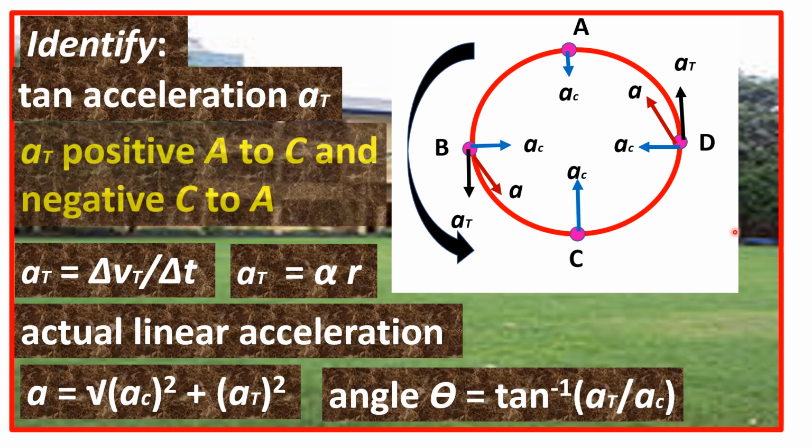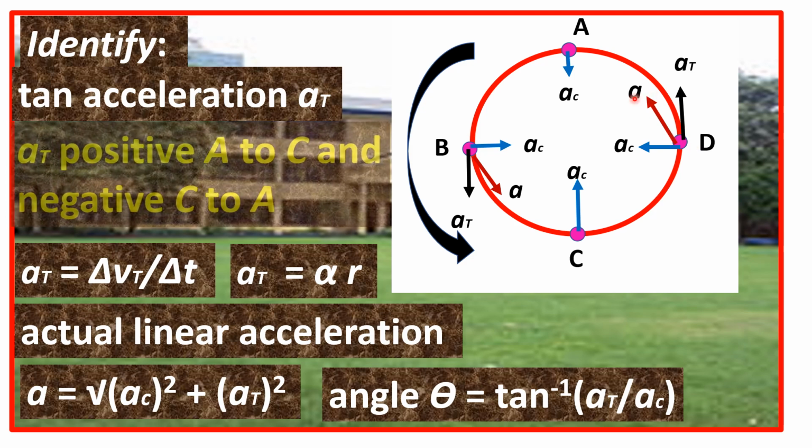And that's also true for any other point like point D. At point D, again, we represent the actual acceleration by this arrow labeled here as A, which can also be determined using the Pythagorean formula.